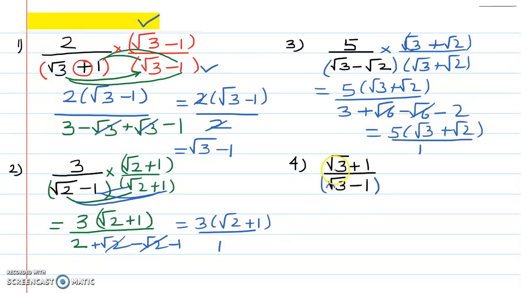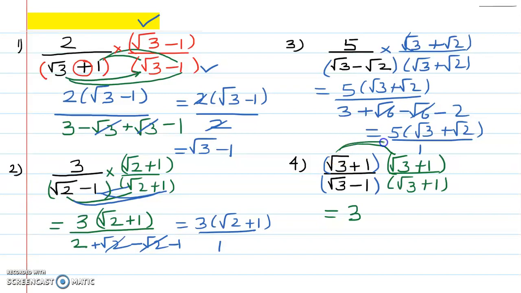Similarly here, just put it in a bracket and change the sign of the denominator. So it will be root 3 plus 1, and it will be root 3 plus 1. Okay, so if you multiply the top bit, root 3 times root 3 is 3.